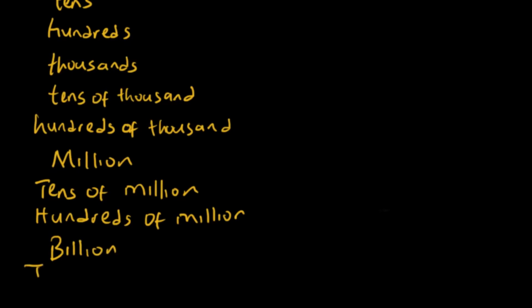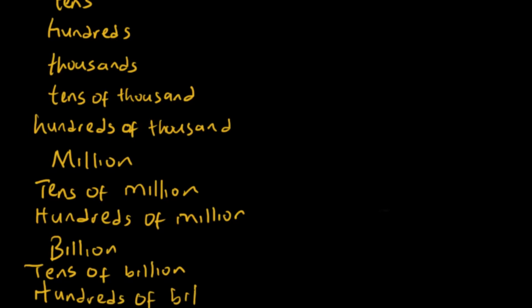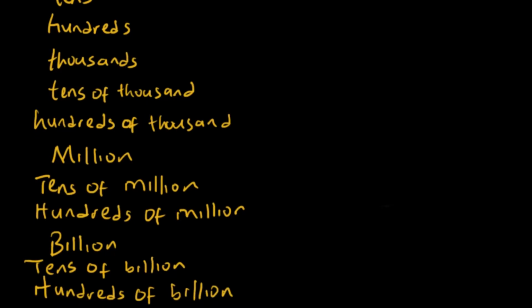We have tens of billion, hundreds of billion, then we have trillion. Definitely it doesn't end here. We still have tens of trillion, hundreds of trillion, then we can have a quadrillion, and so on and so forth.